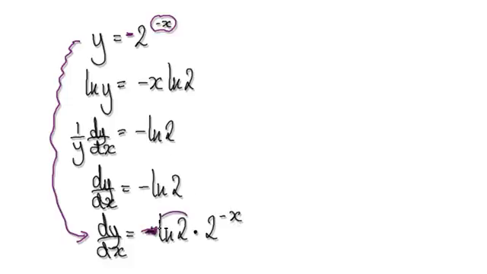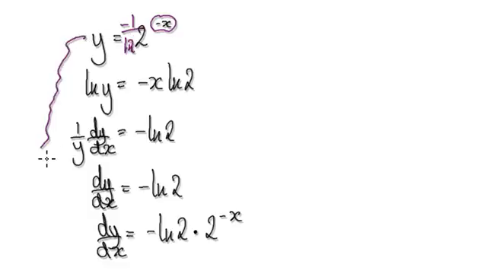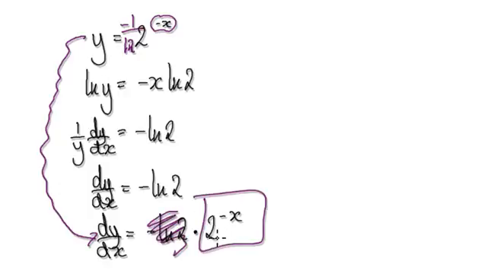That's near enough, but we don't want this constant here. So if we make minus 1 over natural log of 2, now if you differentiate this whole thing here, it will then give you what you're trying to seek, 2 to the power minus x.